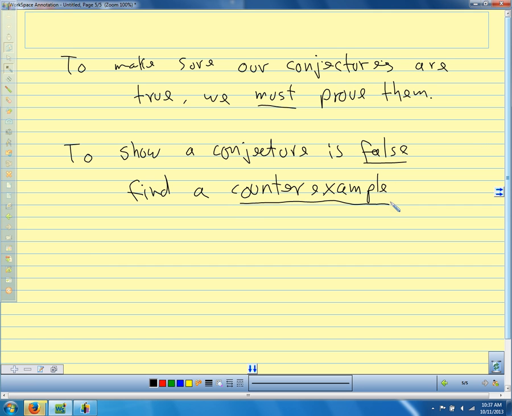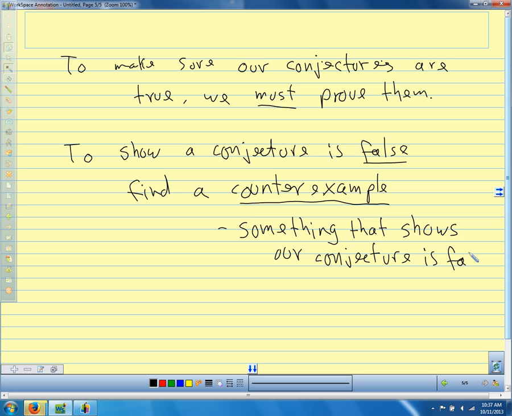So a counterexample is an example that shows that our conjecture is false. And we only have to find one.